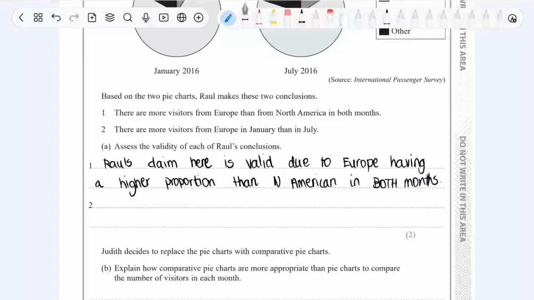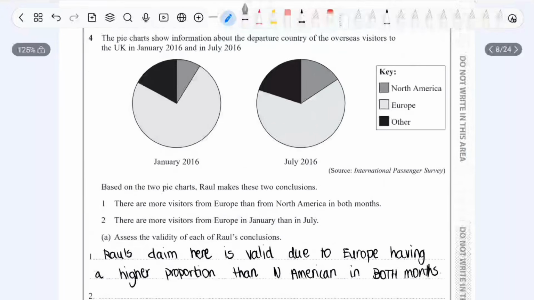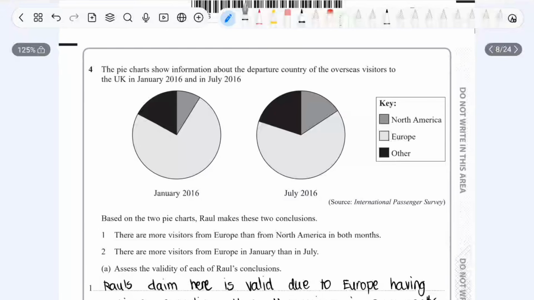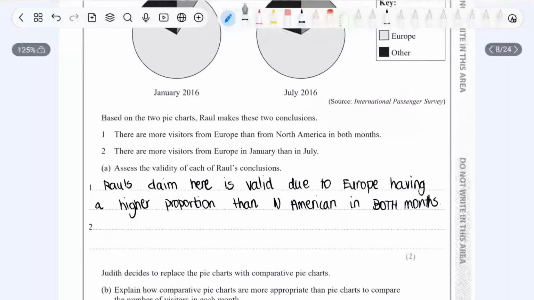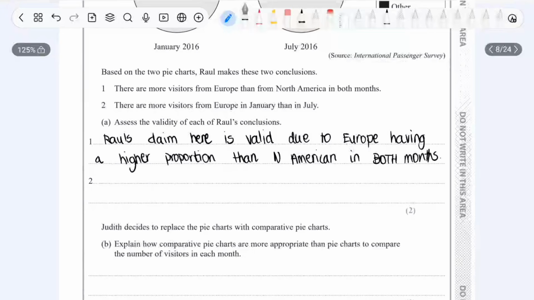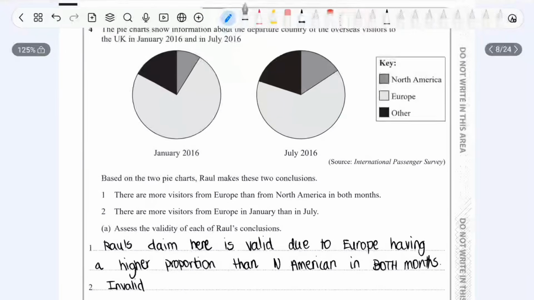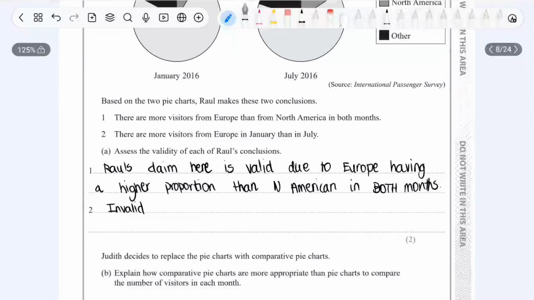For part 2, the second one, he says that there are more visitors from Europe in January than in July. Well, look, there's no numbers given to us. We're just given the dates and nothing else. So it's actually impossible to say. So to be safe, you're meant to say that it's invalid because, well, the size here, they're not comparative pie charts, which ironically the next part is about.